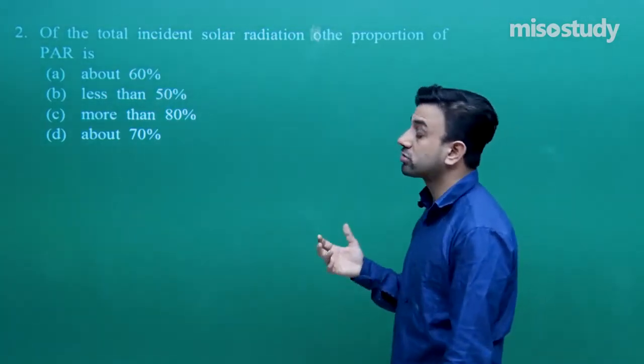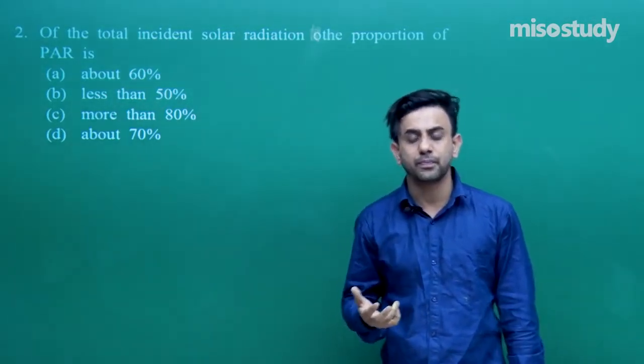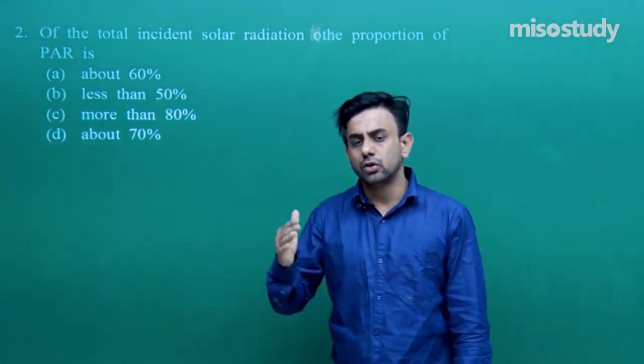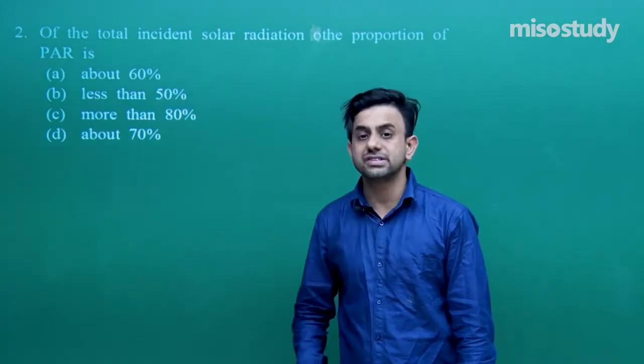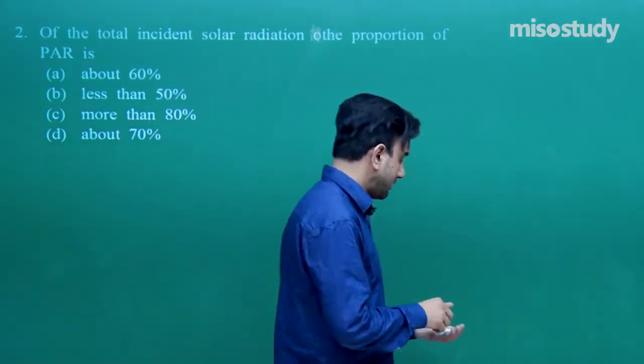PAR is actually the photosynthetically active radiation. What wavelength of radiation is utilized for photosynthesis, that is what we mean by PAR.